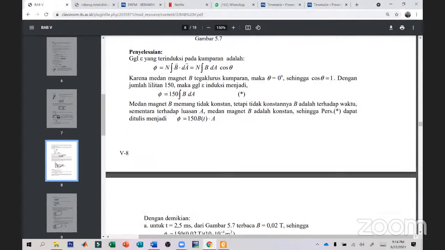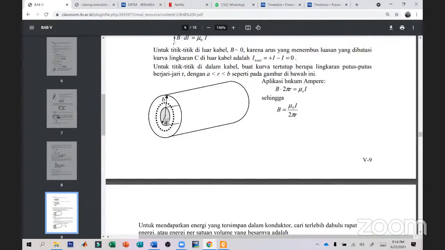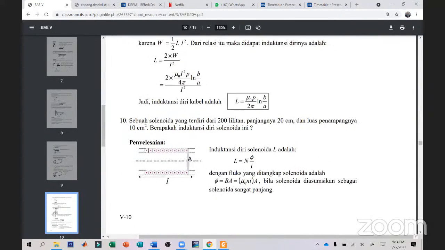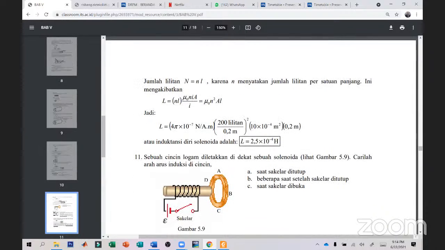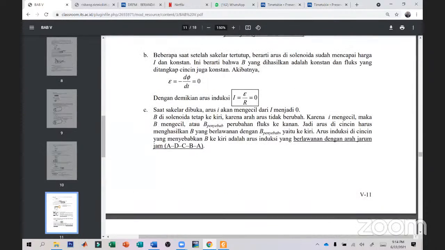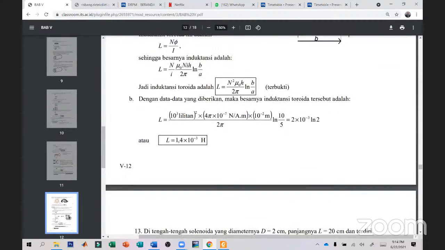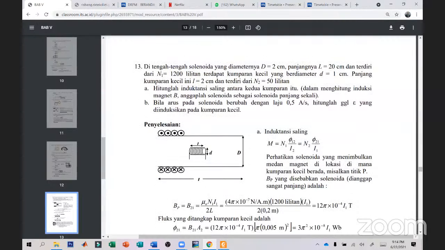Ini saya tunjukkan soal yang sering keluar ya. Ini penurunan toroida biasanya nggak keluar. Nah, seperti ini soal yang sering keluar juga ya.